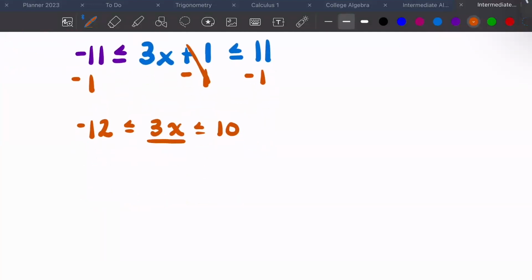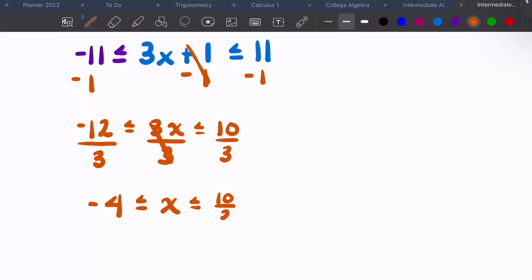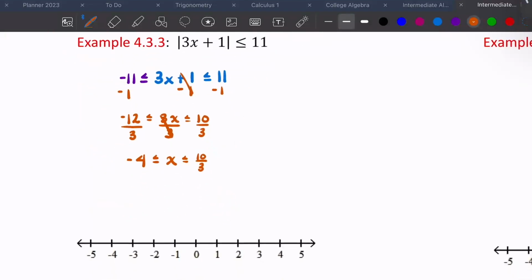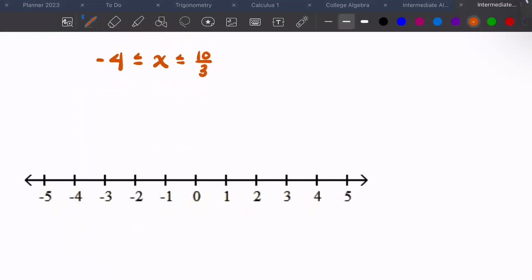Divide by 3. That creates 1. Negative 4 is less than or equal to x is less than or equal to 10/3.